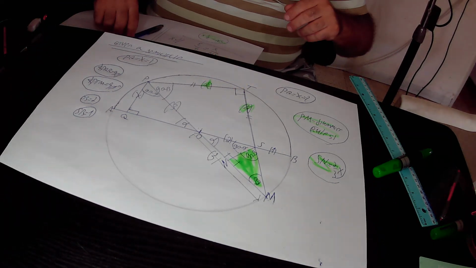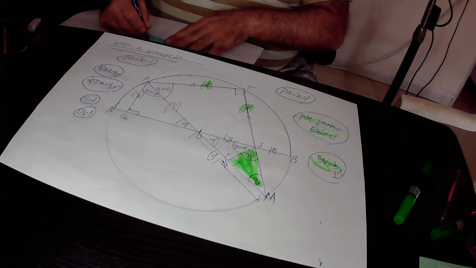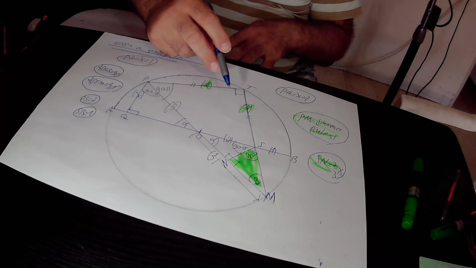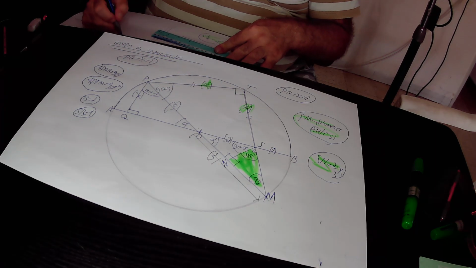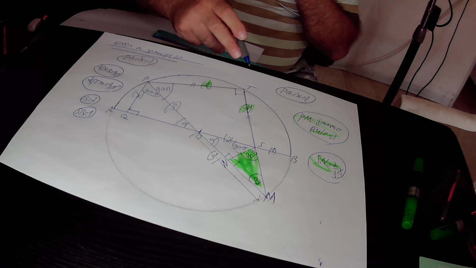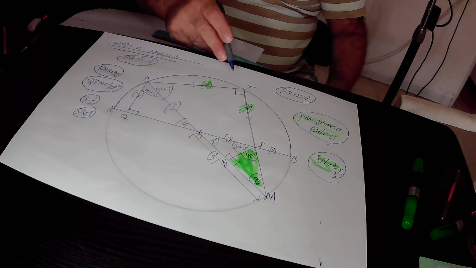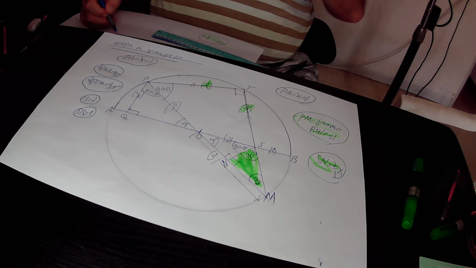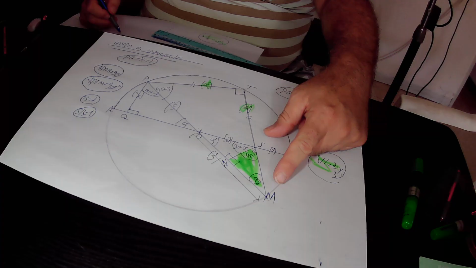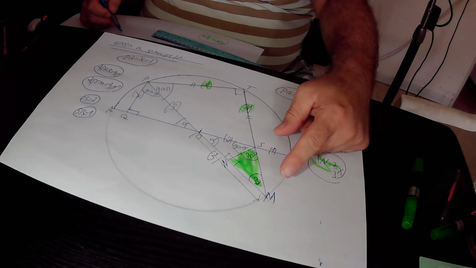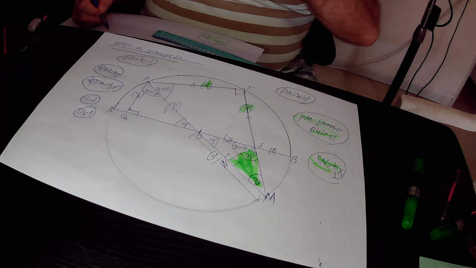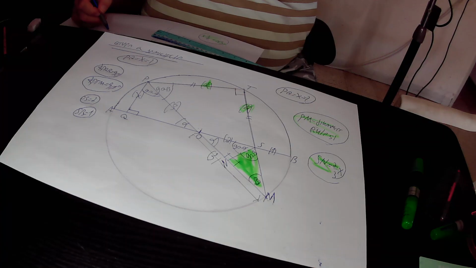We derive that side SN of the green right triangle NSM over side PT of the big right triangle PTM equals side SM of the green right triangle NSM over side PM of the big right triangle PTM.